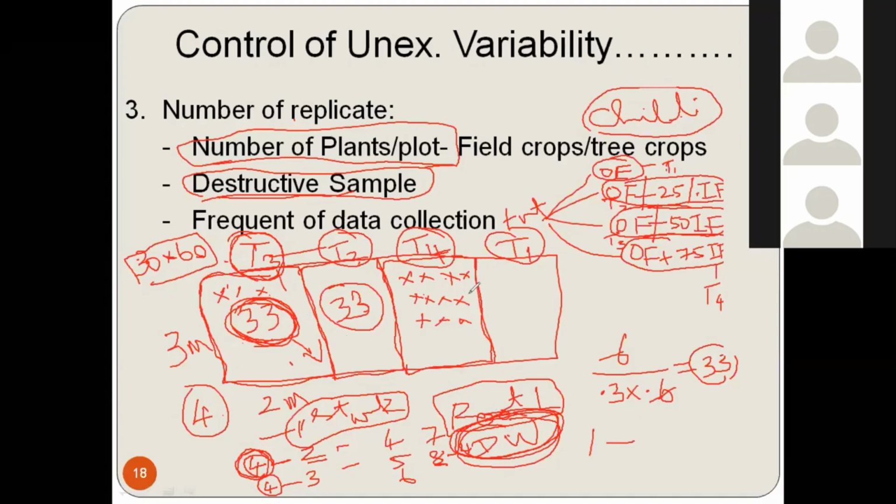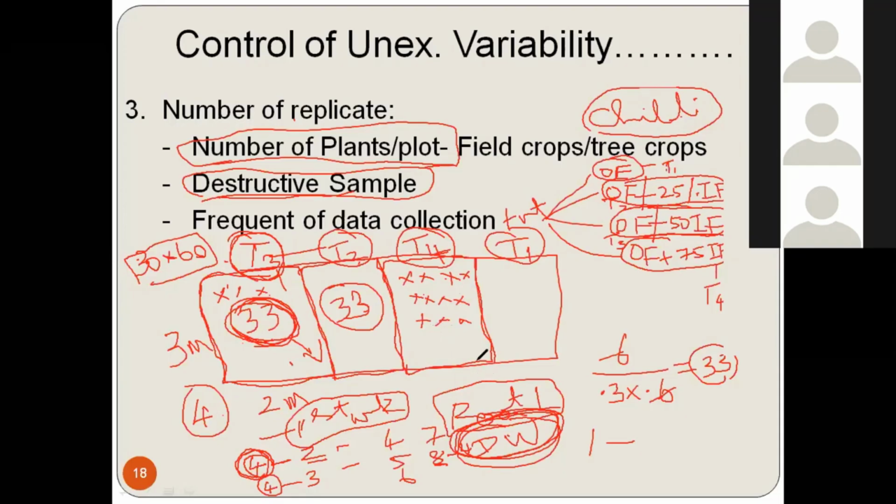What is the economic part of the chili plant? Chili fruits, chili pods. Right. Fruit or pods or whatever it is.